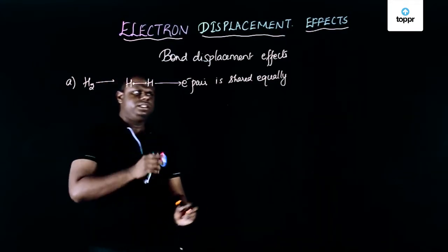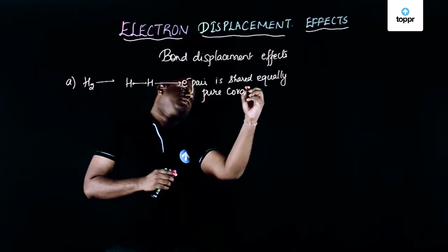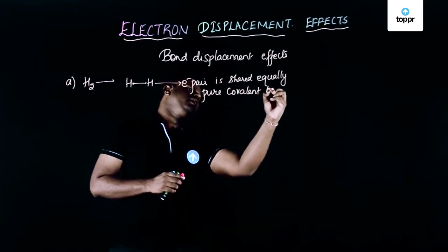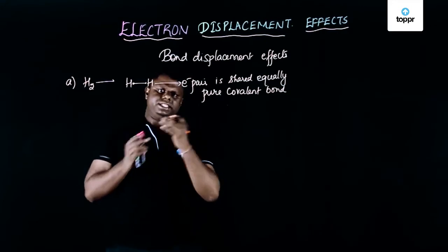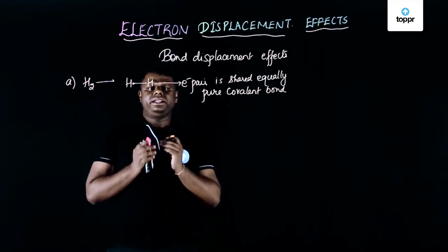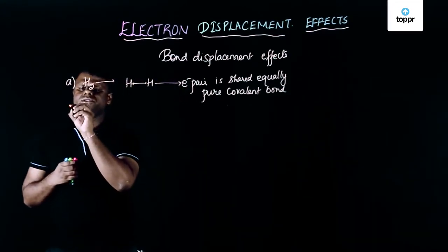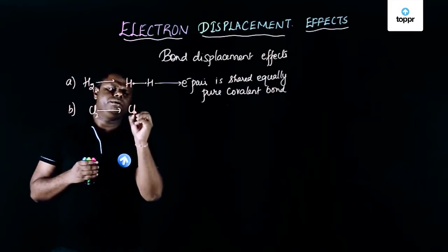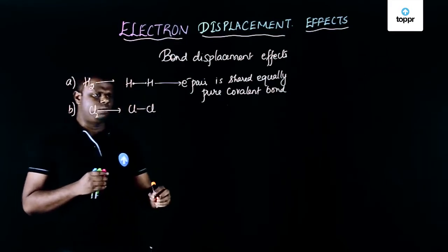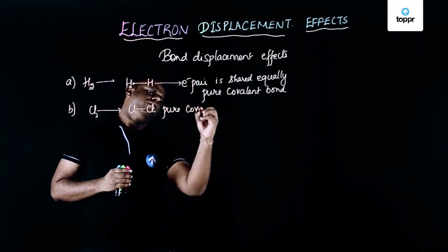So, this is a pure covalent bond, and even when it breaks, one hydrogen will take its own electron, the other hydrogen will take its own electron, and they would form radicals. Now, the similar case is going to be in the case of Cl2 as well. So, Cl2, it will be Cl-Cl, a pure covalent bond. Again, this is basically a pure covalent bond.